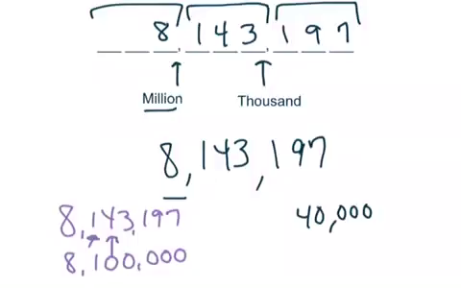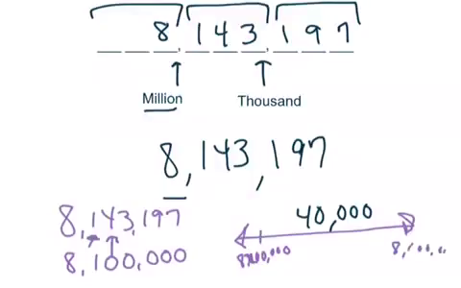So if I did it on a number line, and this one would be 8,100,000, and this one, actually I should probably put the 2 on that side, and 8,100,000 on this side, and in between that would be 8,150,000.